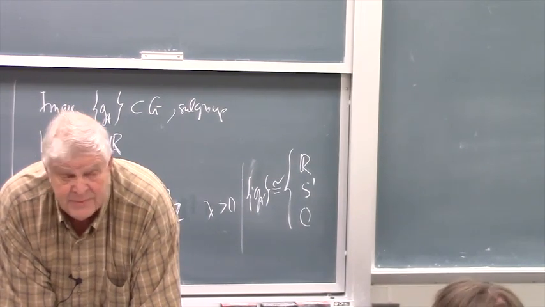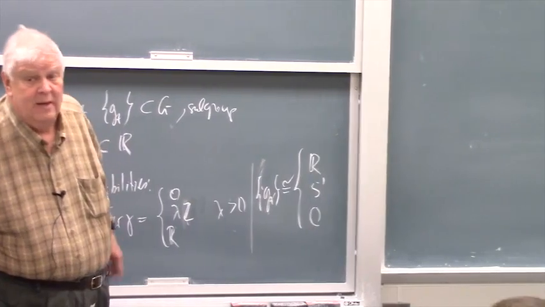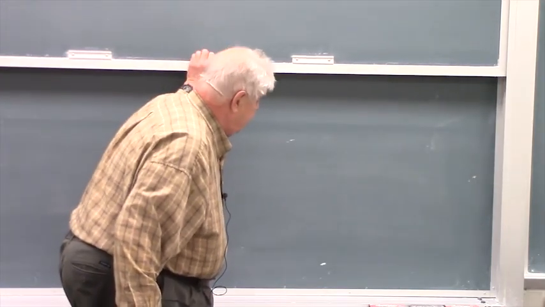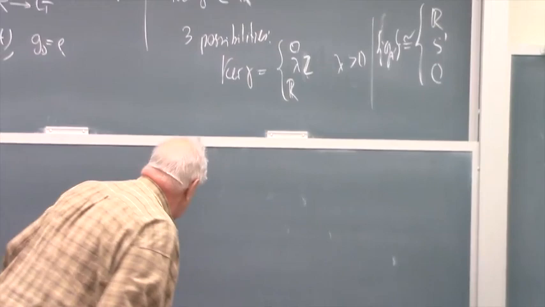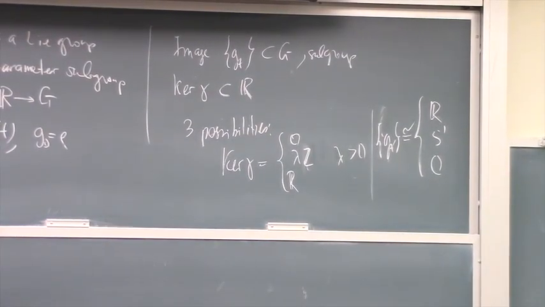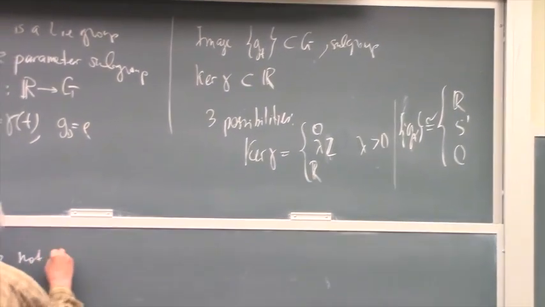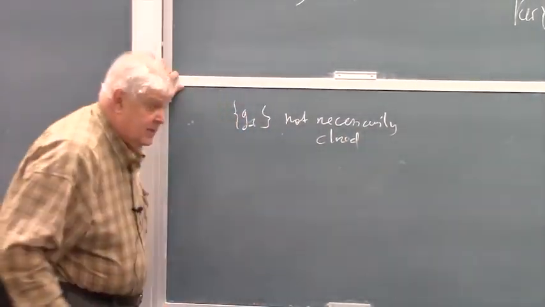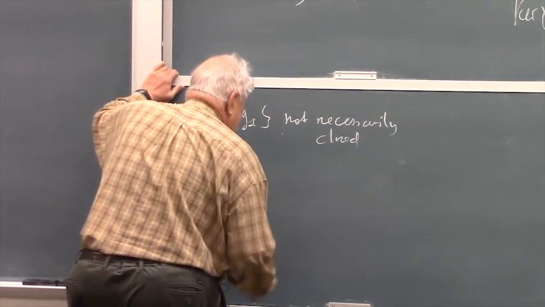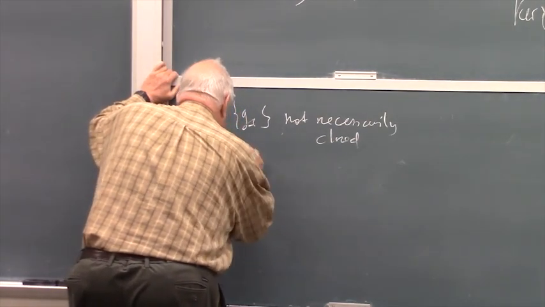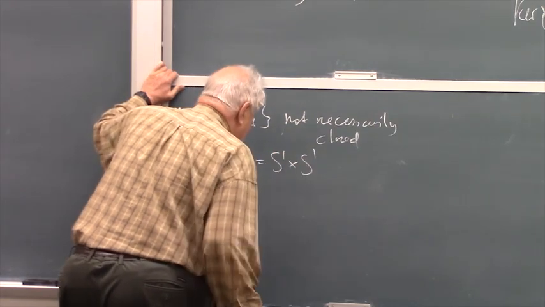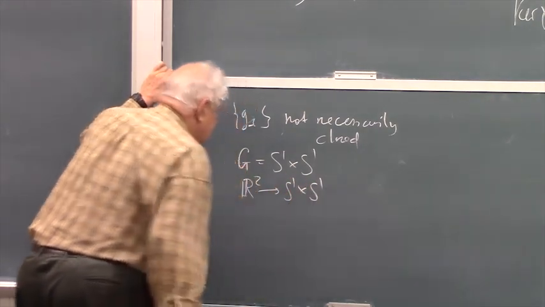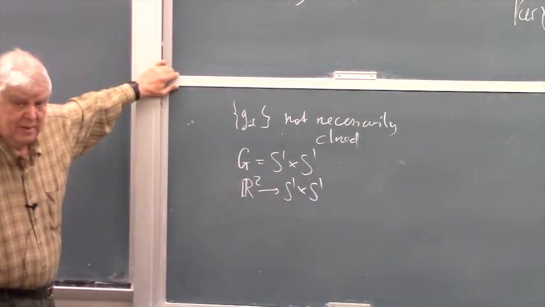Okay, with that. And one more important thing: the image is not necessarily closed, closed in the topological sense. The canonical example when it is not closed is the following. G is a torus. There exists a natural projection, actually a covering, of the torus by the plane.